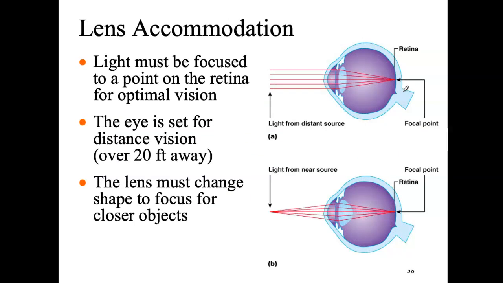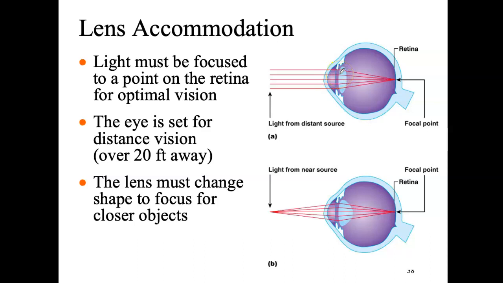What happens then for you to be able to form an image? Look what's happening here in a distant source. You have light from a distant source. It's coming in, and there's the cornea, there's fluid in here, then there's a lens, so it kind of bends over and over again. It's not showing it in this diagram, but it's going to be a lot of bending of light.